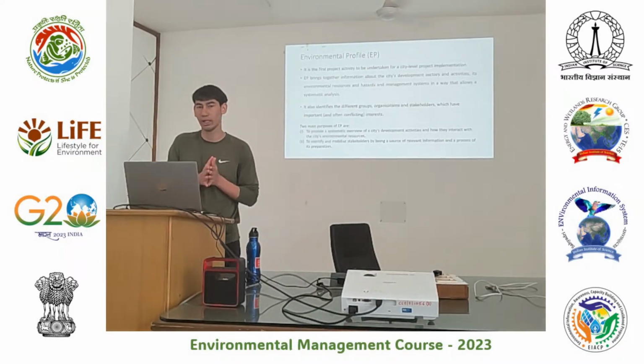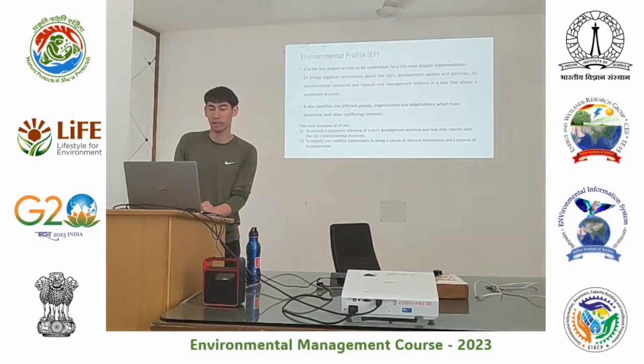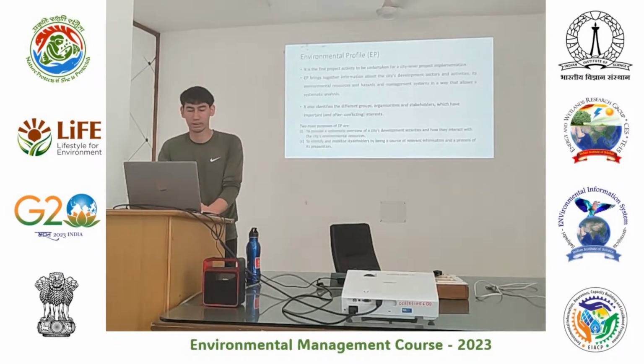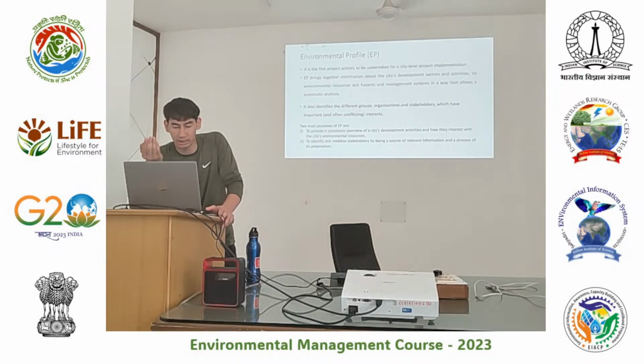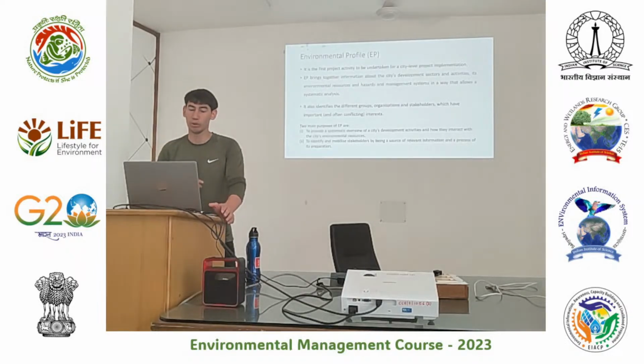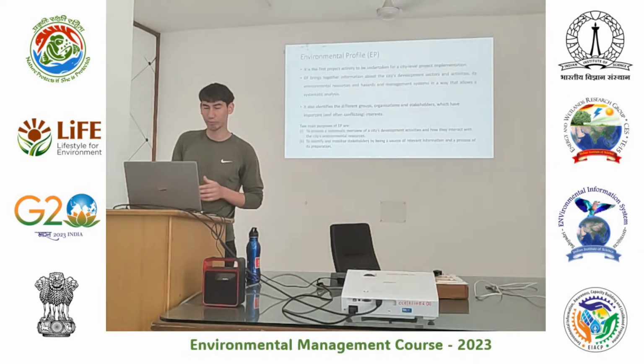It also identifies the different groups, organizations and stakeholders which are important and often have conflicting interests. So the two main purposes of the environmental profile are: first, to provide a systematic overview of a city's development activities and how they interact with the city's environmental resources, and secondly, to identify and mobilize stakeholders by being a source of relevant information and a process of its preparation.